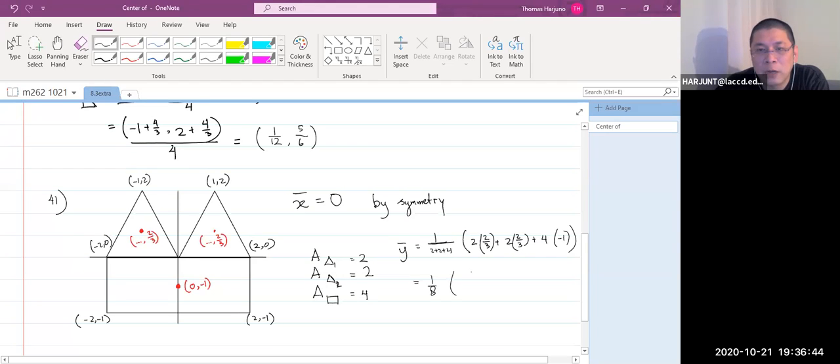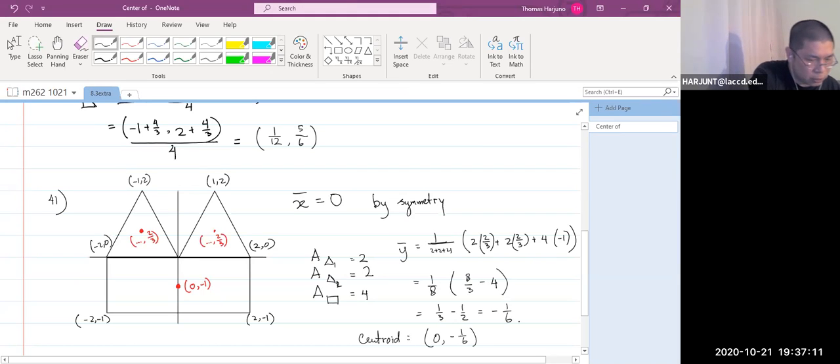So that's 8 over 3 minus 4. That's 1/3 minus 1/2. That's negative 1 over 6. So the centroid is 0, negative 1 over 6.